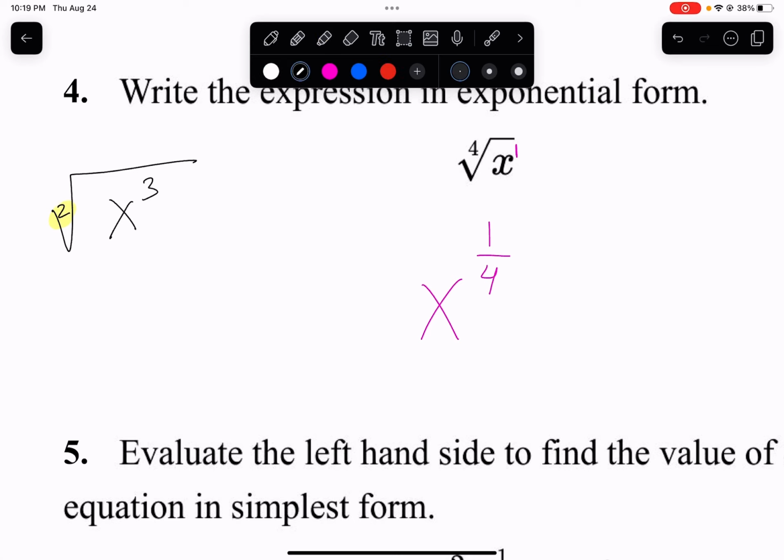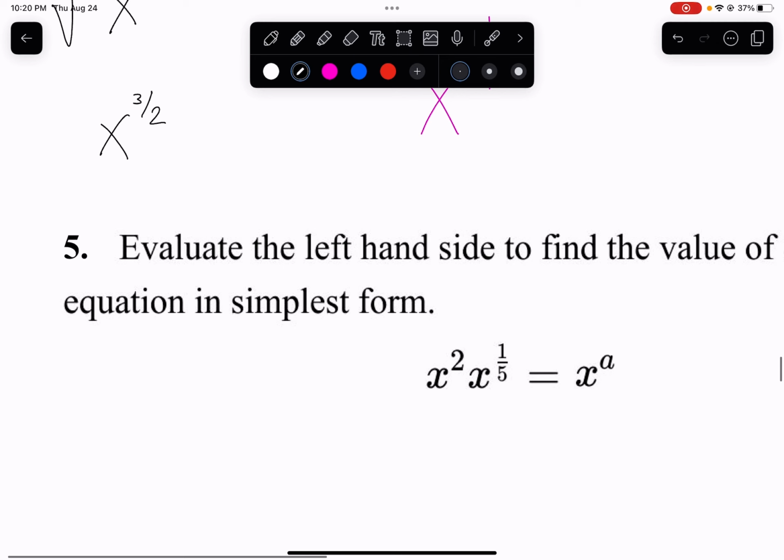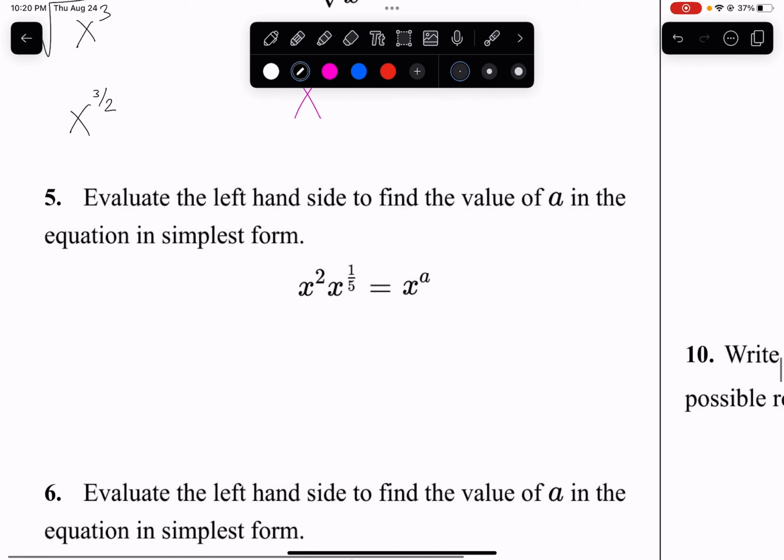That's why we call it a square root. So this guy would be written as x to the power of 3/2. All right? So keep that in mind. If there's nothing here, it's an implied 2. If there's nothing on the power of x, it is an implied 1. Or the variable, I guess I should say.